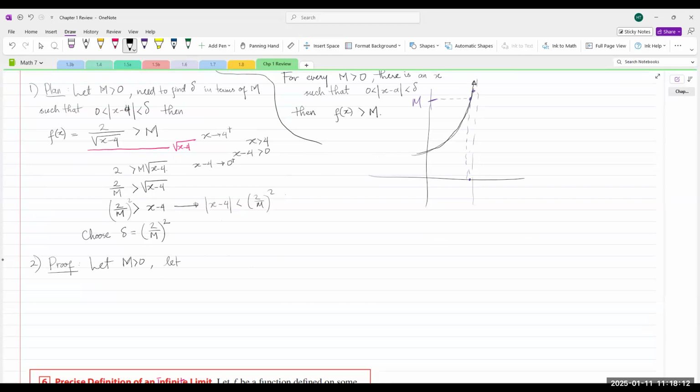We then choose the delta to be 2 over m squared, such that as long as absolute value of x minus 4 is less than delta, then our f(x), which is 2 over square root of 4 minus x minus 4, this will be equal to what?